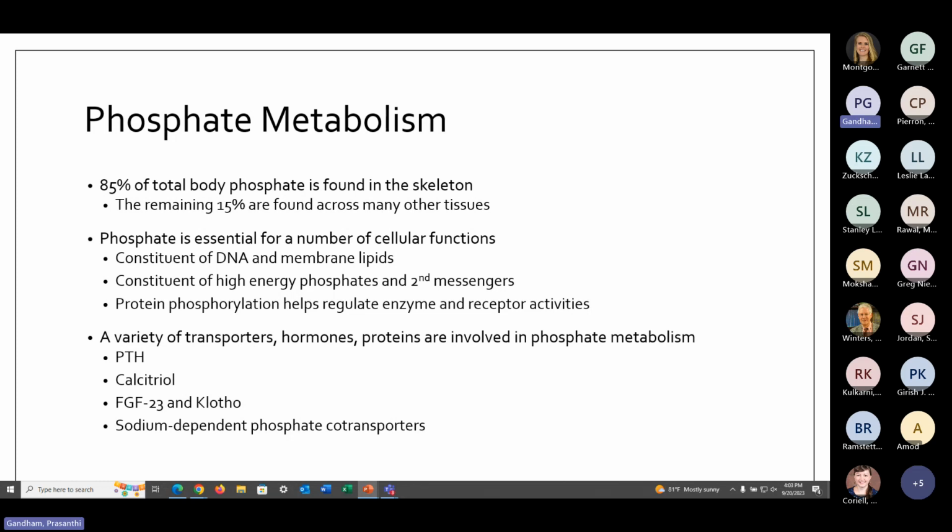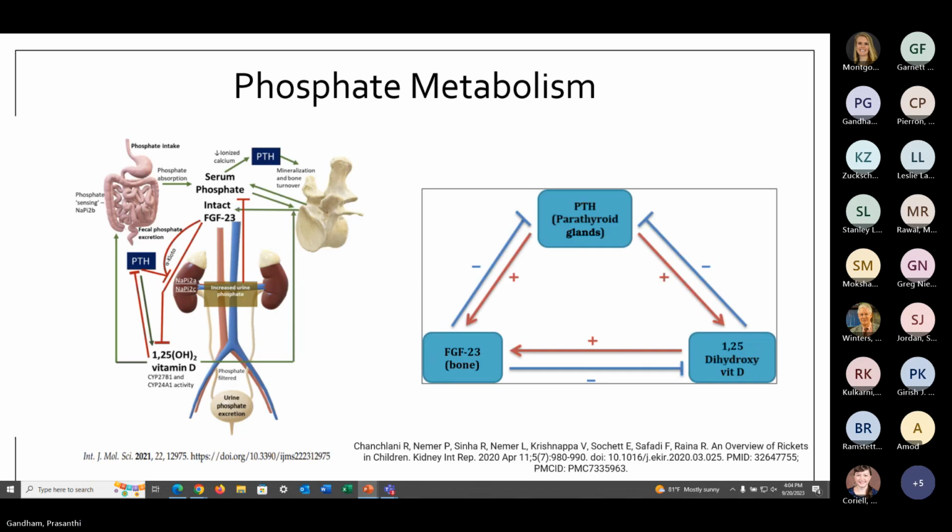There are a variety of transporters, hormones, and proteins that are involved in phosphate metabolism, including parathyroid hormone, 1,25-dihydroxyvitamin D, FGF23, Klotho, which is FGF23's obligate co-receptor, and the sodium-dependent phosphate co-transporters. So let's dive into this a little bit deeper.